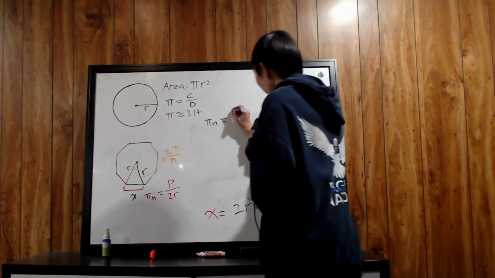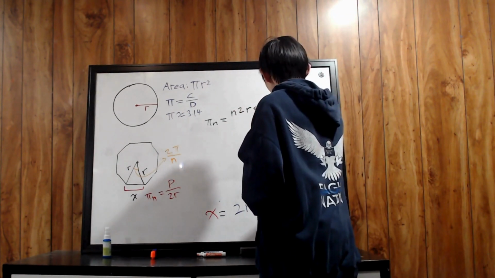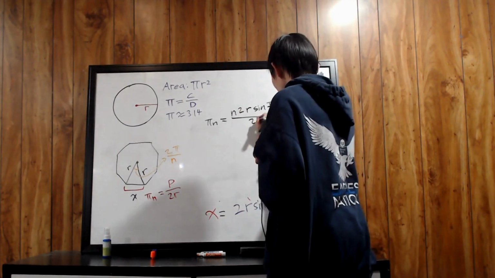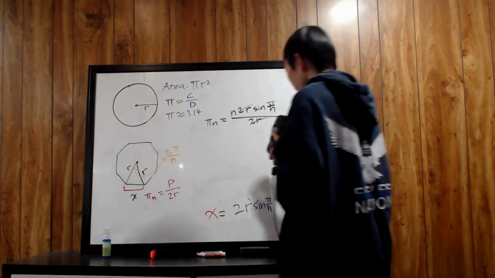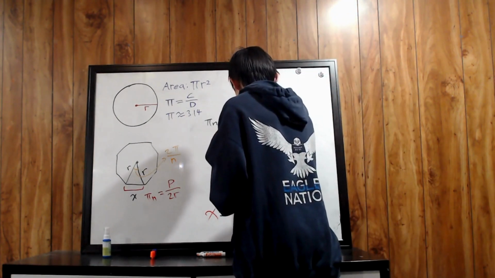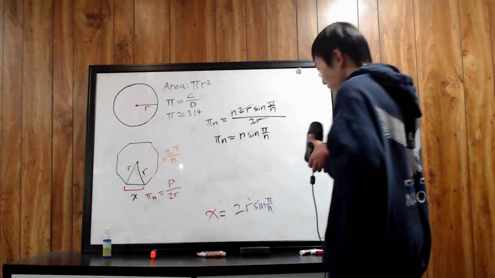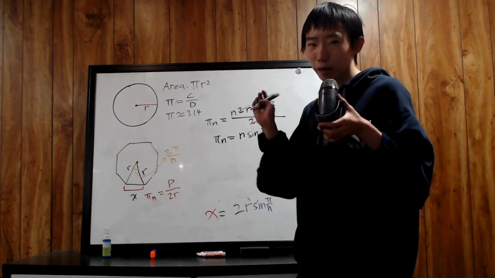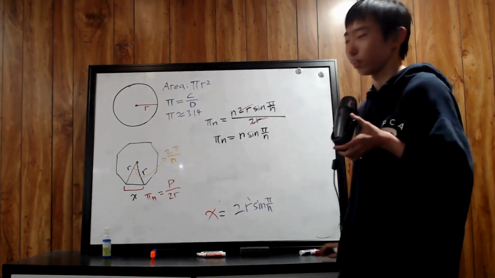So that would be n times 2 times r times sine pi over n, and then divided by 2r. Notice that this and this cancel, so we're just left with pi n is equal to n times sine pi over n. So this is the general form of a regular polygon's pi, i.e. the perimeter over the diameter, right?